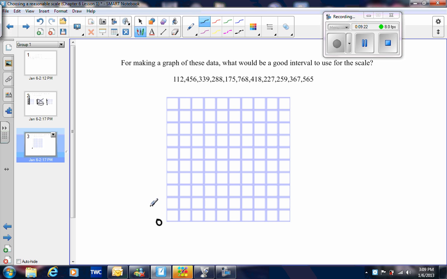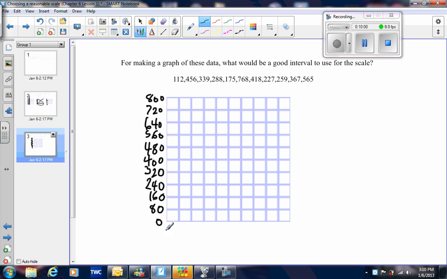I have a little bit more space here, so I might go ahead and put every line labeled. That's 80, 160, 240, 320, 400, 480.